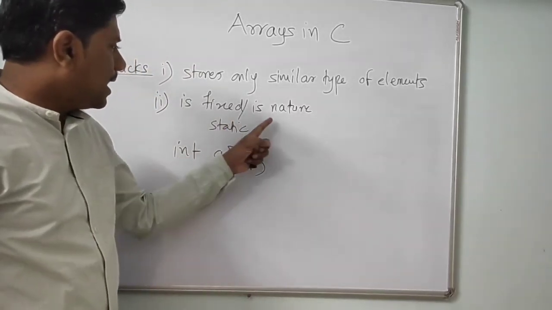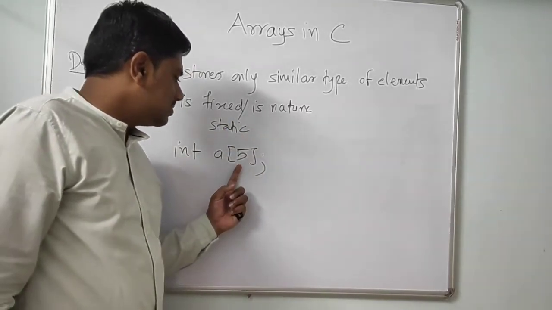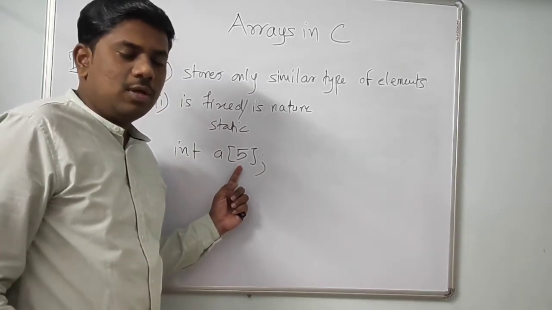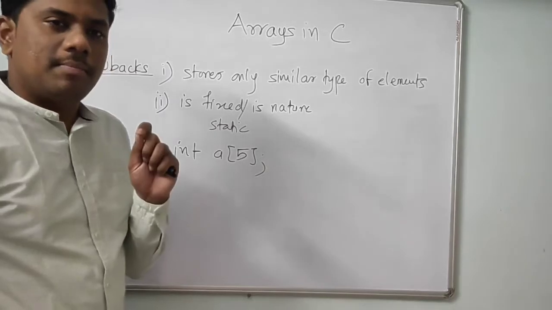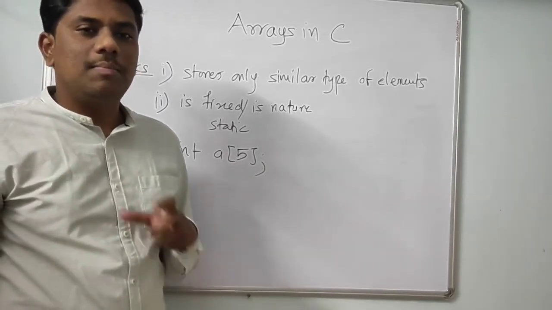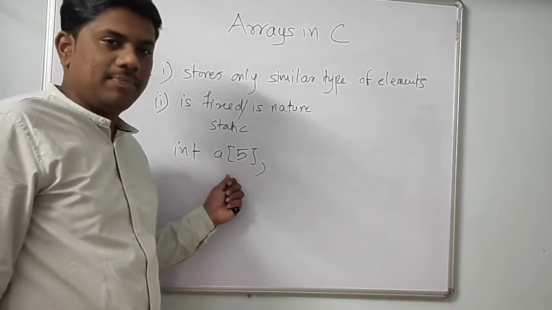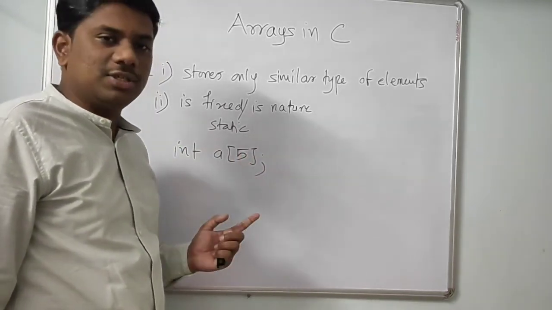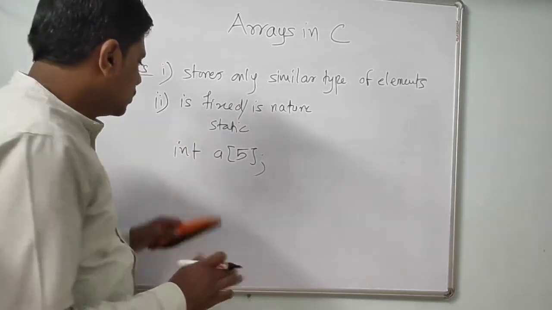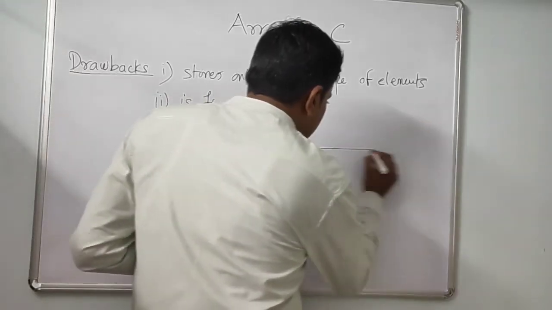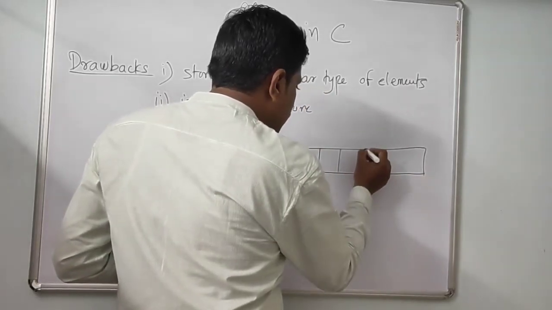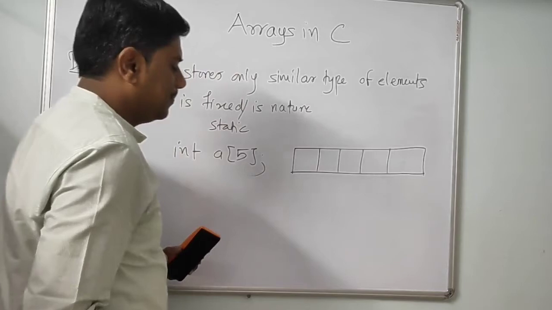So here array is fixed in nature. That means as you have specified the size of the array as 5, you can store a maximum of 5 elements in this array. You can't store more than 5 elements. So array is static in nature. It supports static memory allocation. When the compiler sees this statement, it will reserve 5 blocks continuously.